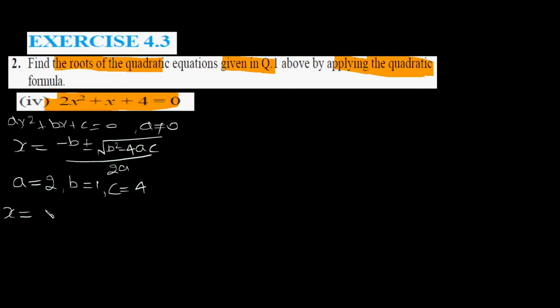By the quadratic formula, x is equal to minus b, which is minus 1, plus minus square root of b square, so b is 1 square, minus 4 into the value of a which is 2, the value of c which is 4, divided by 2 into a, the value of a is 2.